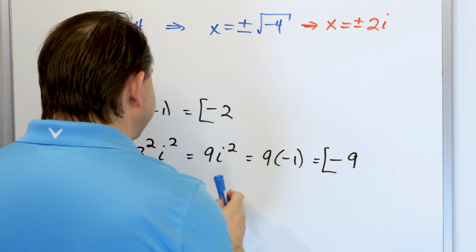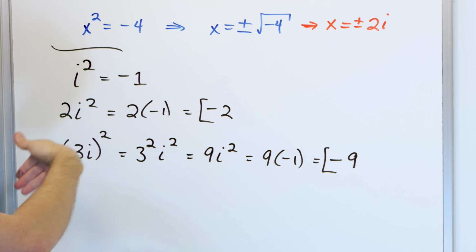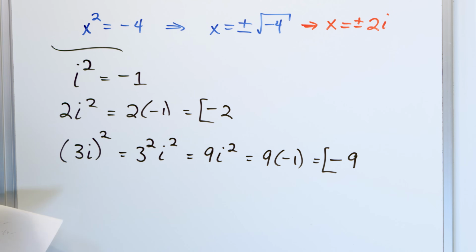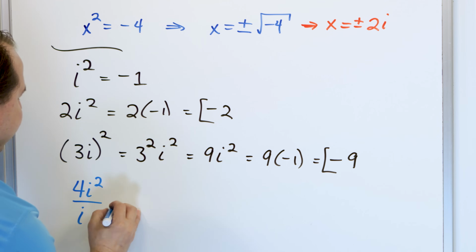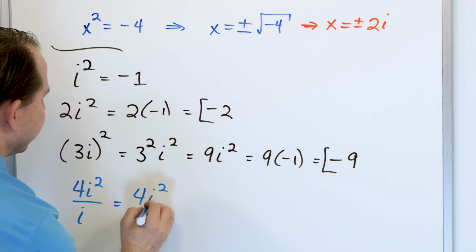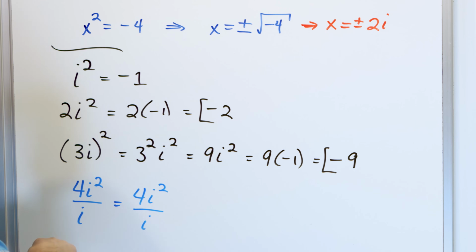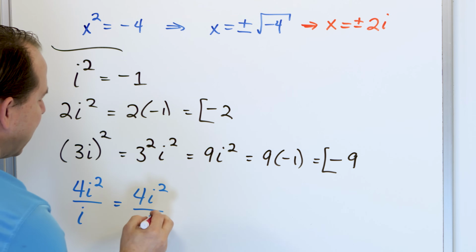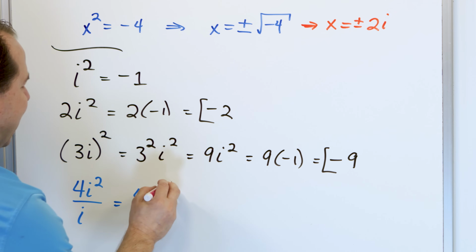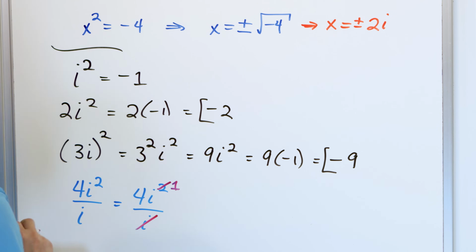Now it turns out that these imaginary numbers, if you have them in a fraction, can cancel just like variables can cancel. So for instance, 4 times i squared in the numerator with i on the bottom. So this is 4i squared over i. If this was like 4x squared over x, you would cancel one of them and leave an exponent of 1 behind.